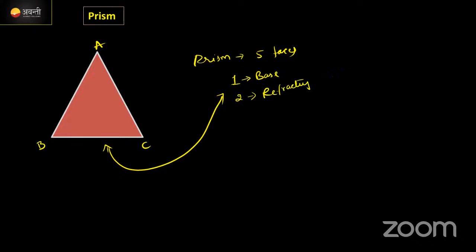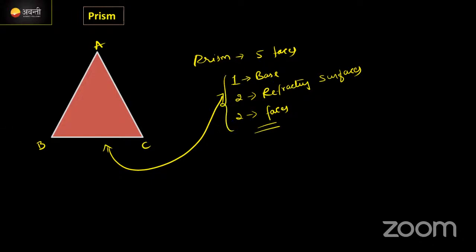Refracting surfaces make 3, and 2 remain. Where are they? They are the faces, correct? Front as well as back faces. 2 faces, right? Totally 5 faces are there.